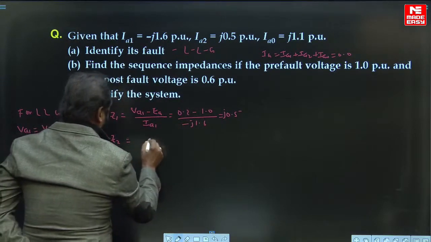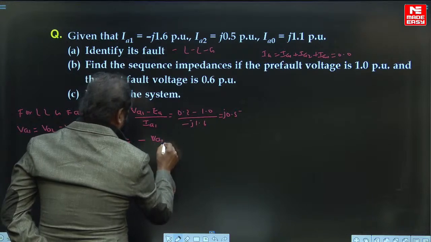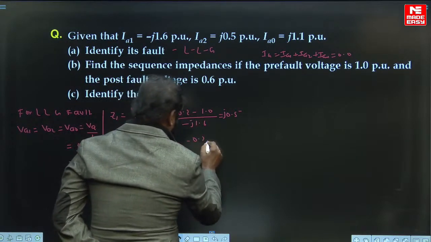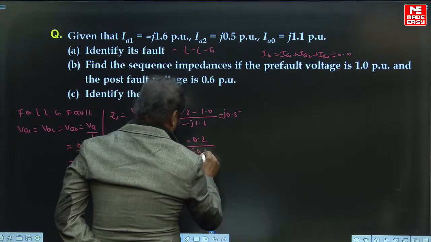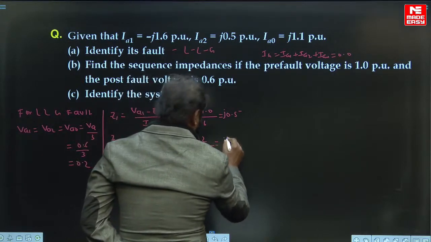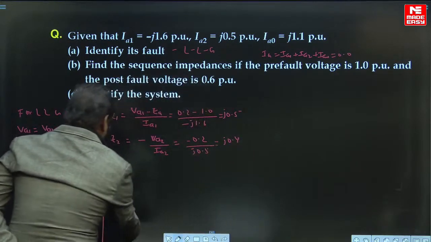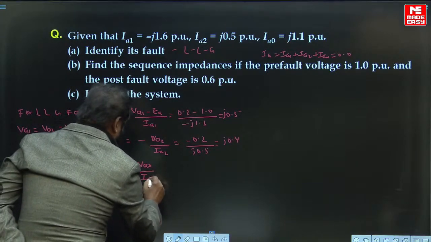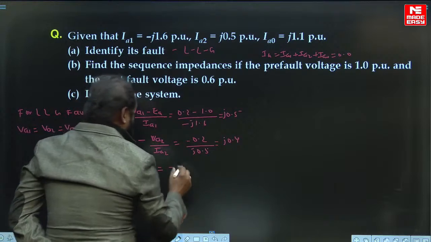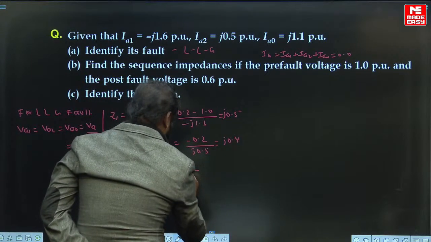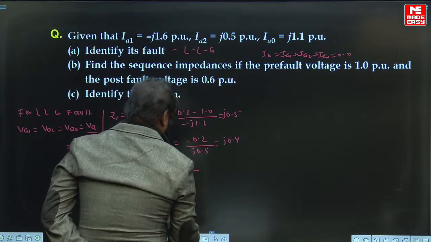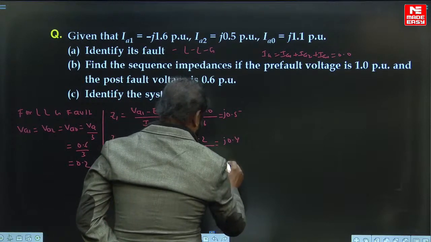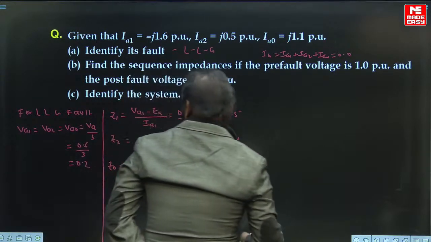Z2 equals minus VA2 divided by IA2, so that is minus 0.2 divided by J.5, which equals J.4. Z0 equals minus VA0 by IA0, that is minus 0.2 divided by 1.1, so that equals J.18. So this is the second bit.